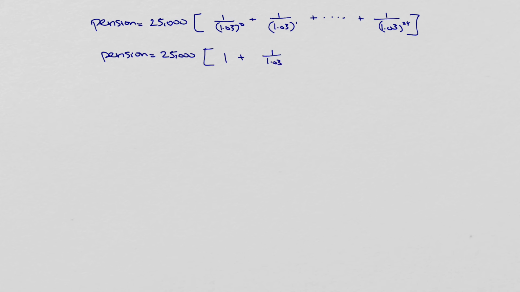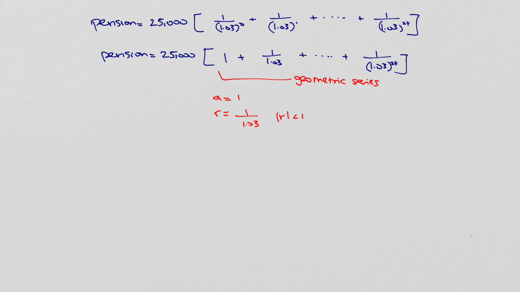So now I can write down, well, what is my first term, what's my common ratio, and find my geometric sum. So a is 1, and r is the common ratio, which is 1/1.03. So that's less than 1. So our sum to n terms is going to be a times 1 minus r to the power of n over 1 minus r.